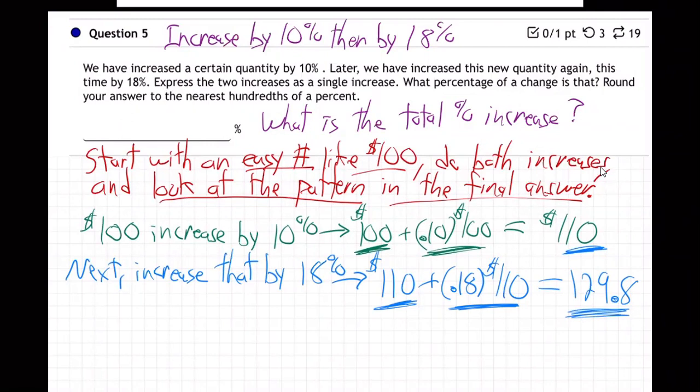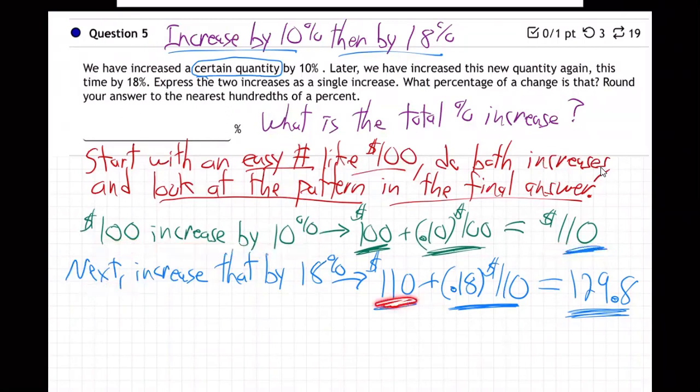So what am I doing? Well, they want me to find out. They're saying a certain quantity that, I don't know what it is. I made it $100 to make it easy. A certain quantity is increased by 10%, then by 18%. So I said, I don't know what that's going to be. I'm just going to take $100 because that's a nice, easy number. And I'm going to increase it by 10%, came out 110, and then take that, increase it by 18.